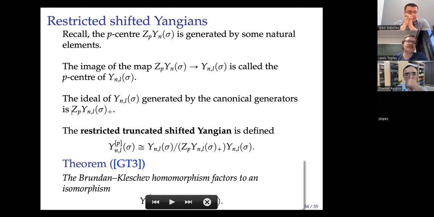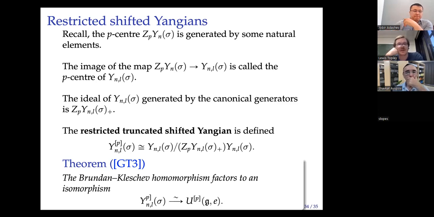The ideal generated by these canonical generators is denoted like this, and we define the restricted version to be, as expected, just dividing out by this ideal given by the augmentation of the p-center. And we were able to show that the Brundan-Kleshchev homomorphism, the isomorphism, in fact, factors to an isomorphism between the restricted truncated shifted Yangian and the restricted finite W-algebra.